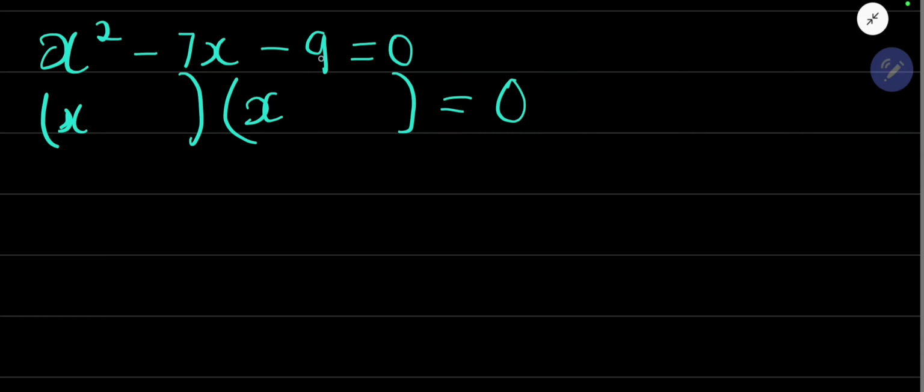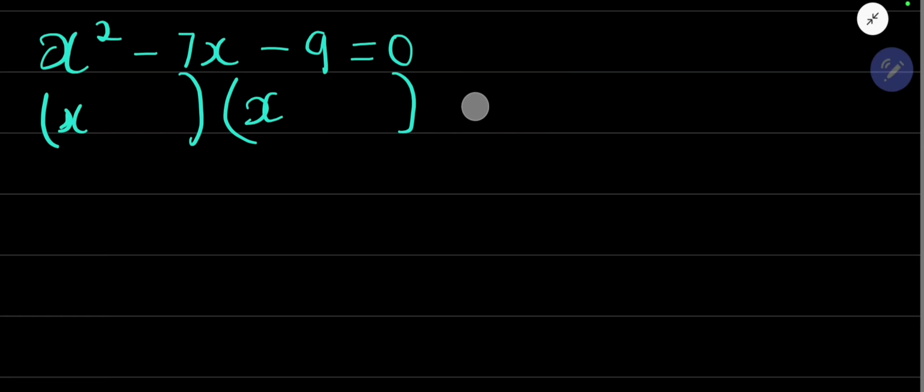And then you'll find the factors of minus 9 that give you minus 7. When you multiply them, they give you minus 9, but when you add them, they give you minus 7.